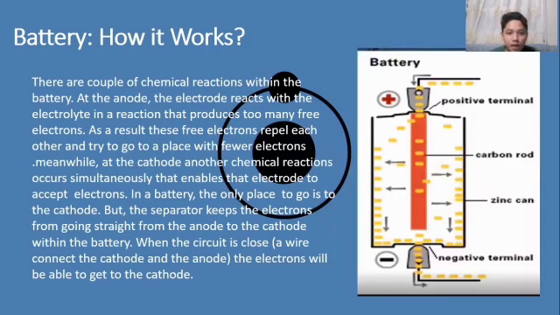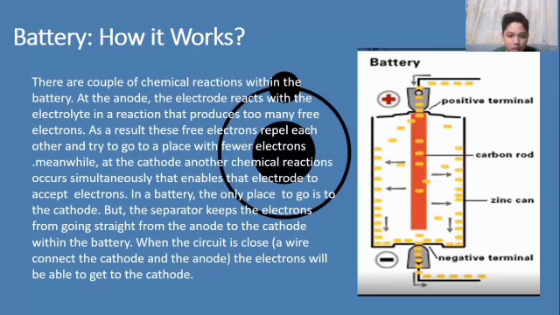There are a couple of chemical reactions within the battery. At the anode, the electrode reacts with the electrolyte in a reaction that produces too many free electrons. As a result, these free electrons repel each other and try to go to a place with fewer electrons. Meanwhile, at the cathode, another chemical reaction occurs simultaneously that enables that electrode to accept electrons.